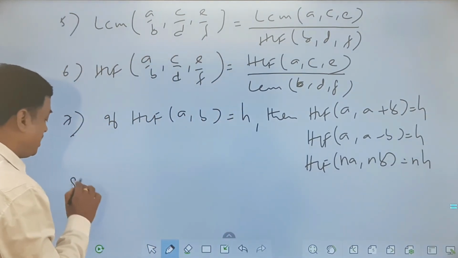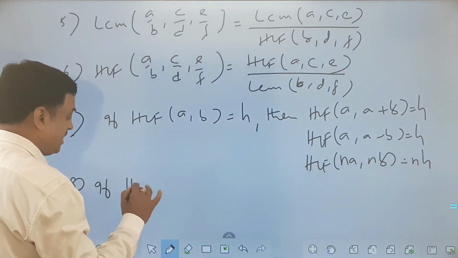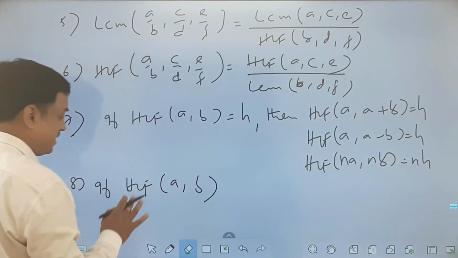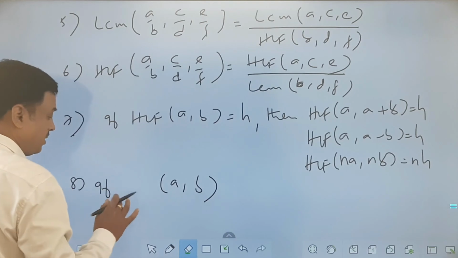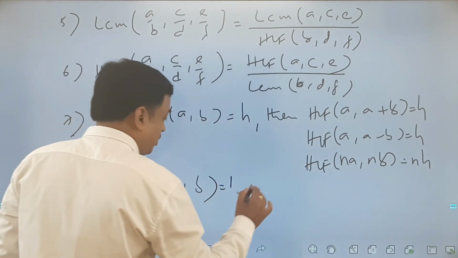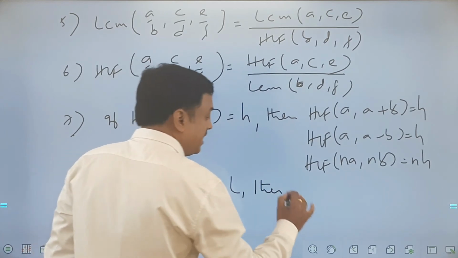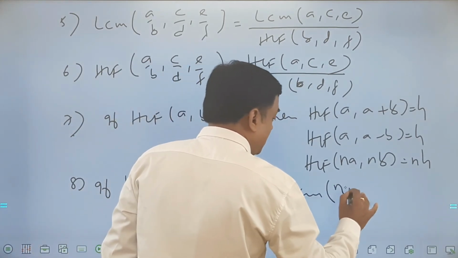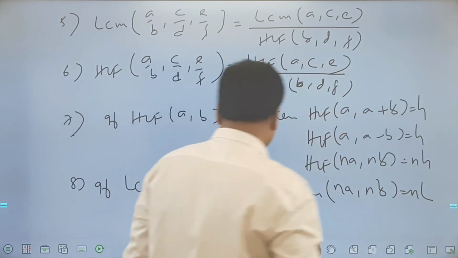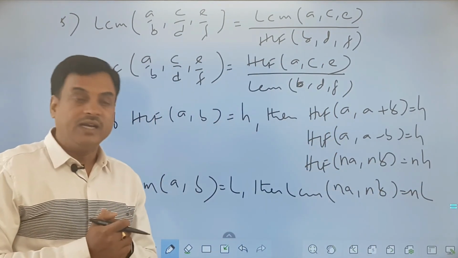Eighth one. If you say LCM of A comma B is equal to L, then LCM of NA comma NB will be N into L. So these are the properties between LCM and HCF.